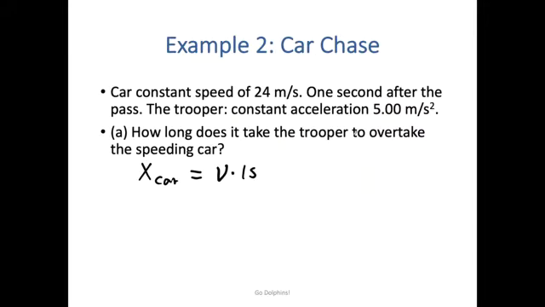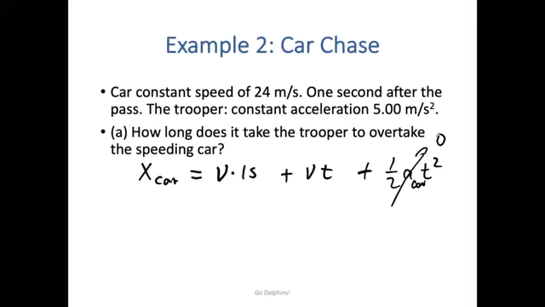And it's still going at constant velocity, so its position should be given by v times t. Of course, you can write 1/2 at squared, but for the car the acceleration is 0, so this term is 0. So this is the position of the car as a function of time.